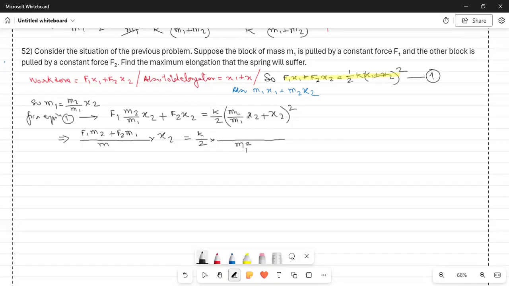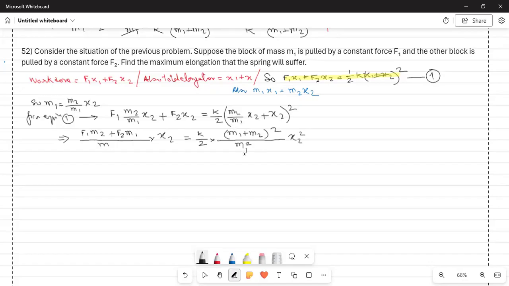In the numerator we have x2 square, which we take outside, and then m1 plus m2 whole square. I think this is very clear.